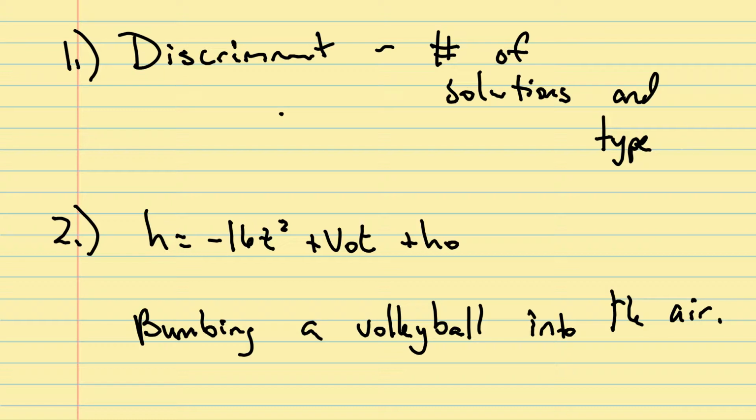It's going to make it hang in the air longer. So bumping a volleyball into the air is something that would require the velocity. If you just dropped a volleyball from somewhere, you would not need the v sub 0 part of that formula. All right, that's the tip for two.